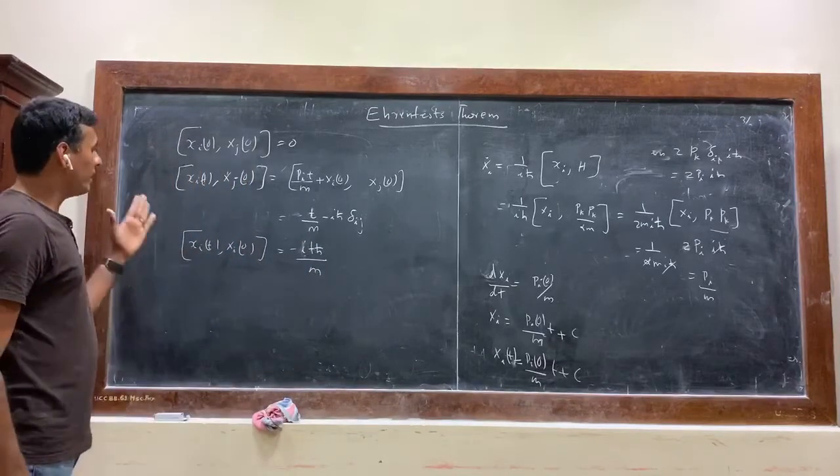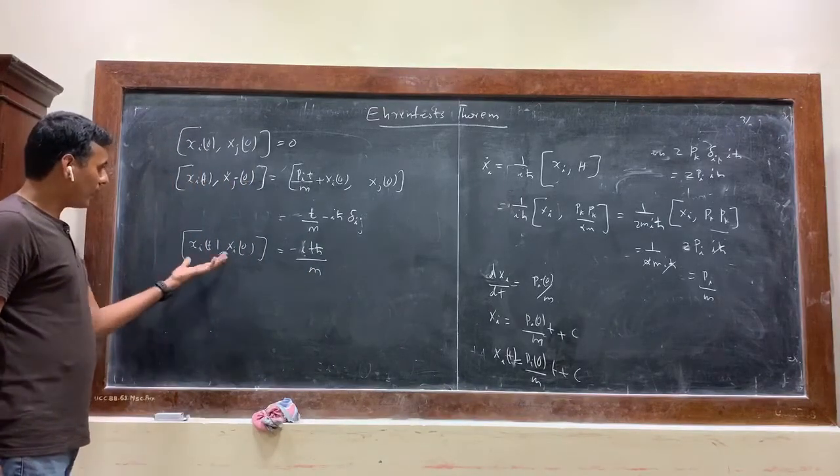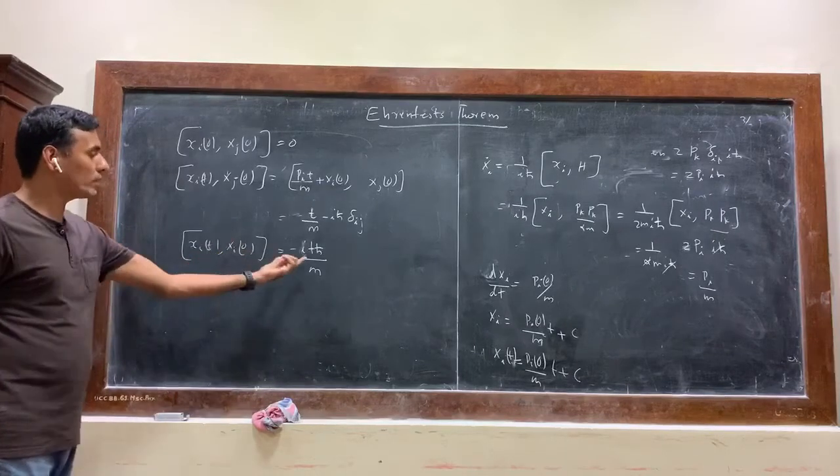So you can see that the x's at different times don't commute with each other.